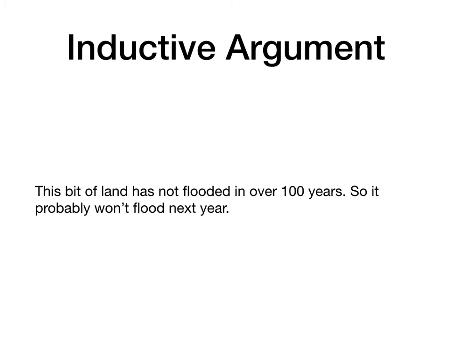We don't have records going this far, but even if you could show that it hasn't flooded in 1,000 years, it's possible we'll get a bigger rain or whatever than there's been in 1,000 years, right? So this premise gives a very good reason to think this bit of land won't flood next year. We make the numbers bigger, 500, 1,000, it becomes even less likely, but there's always still some chance.